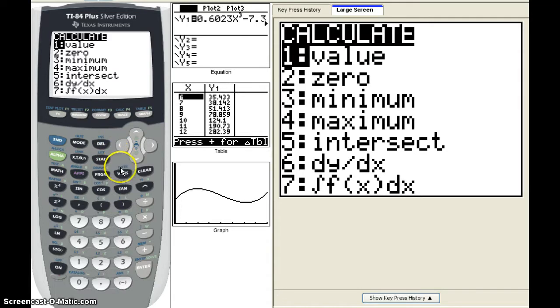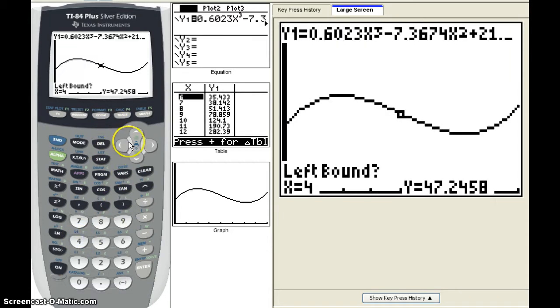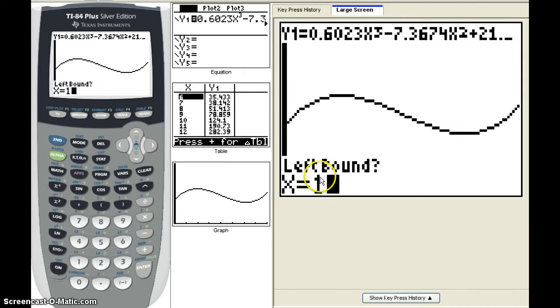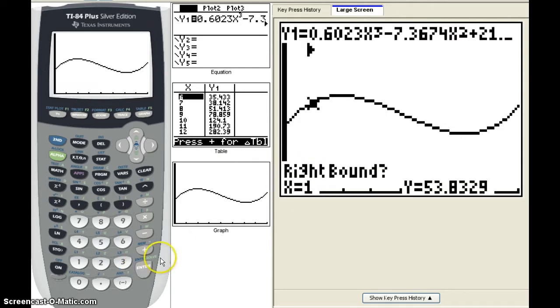All right, anyway, let's find our max value first. So your max is 4, and we need to choose a left bound. This is to the right of our maximum, so we need a cursor all the way over. Now the other cool thing is, if this whole distance is from 0 to 8, if you want to find a left bound, let's just hit the 1. Notice how it says your left bound is x equals 1. Hopefully that's left of the maximum. Yes.